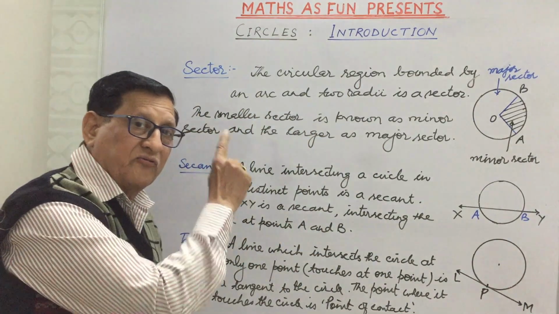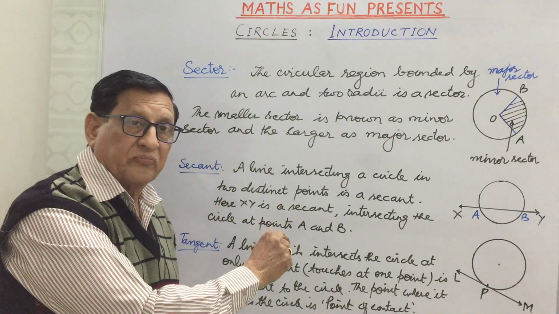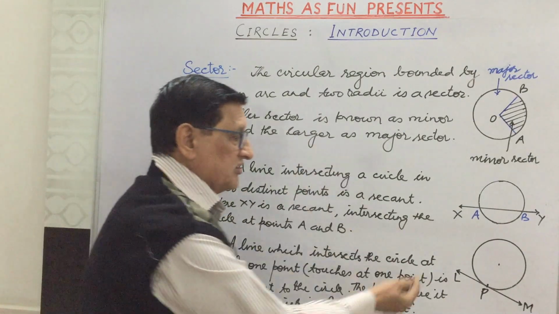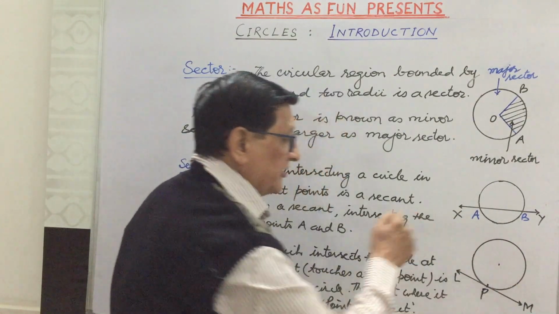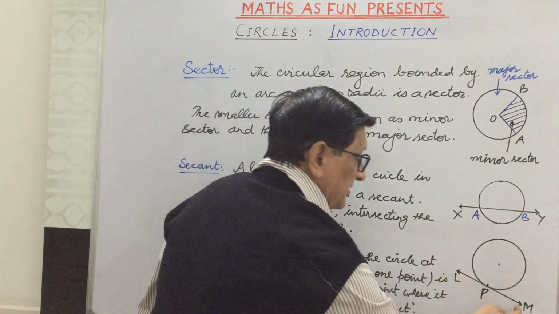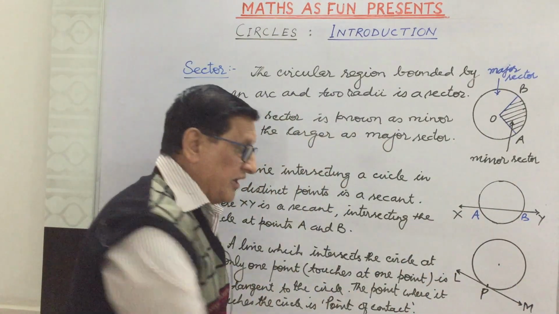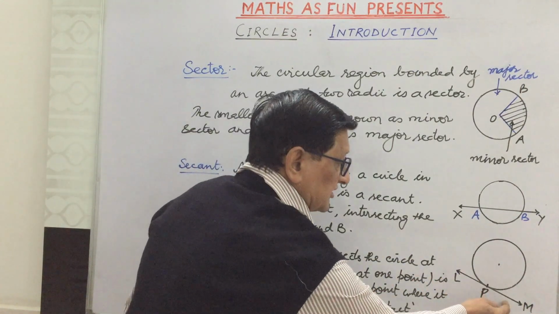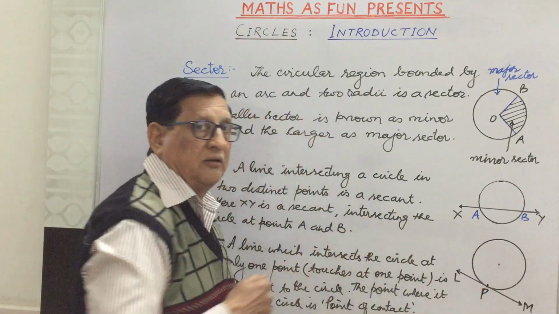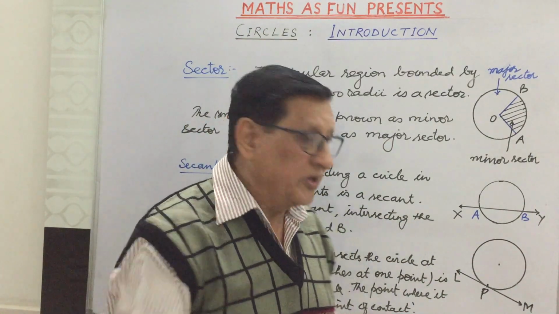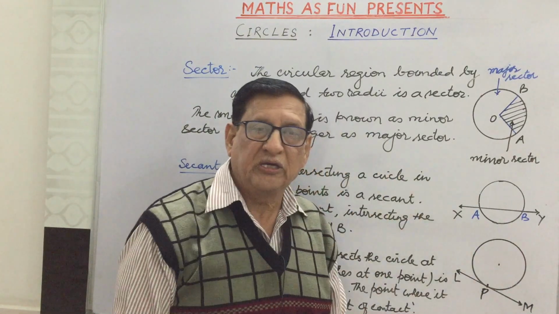A straight line which intersects the circle at only 1 point, or sometimes we say which touches the circle at 1 point, is the tangent to the circle. Here you can see LM is the tangent, where it touches at point P. This point where it is touching the circle or intersecting the circle is known as the point of contact. So here the point of contact is P.